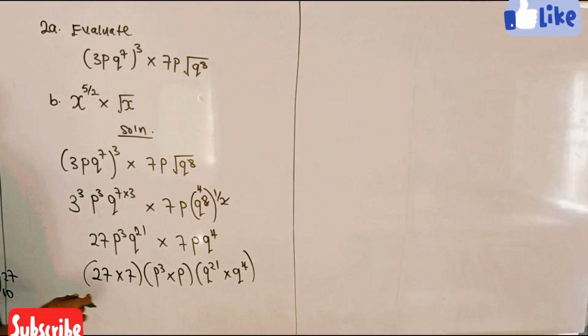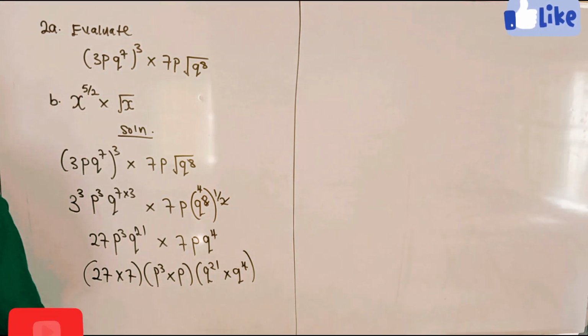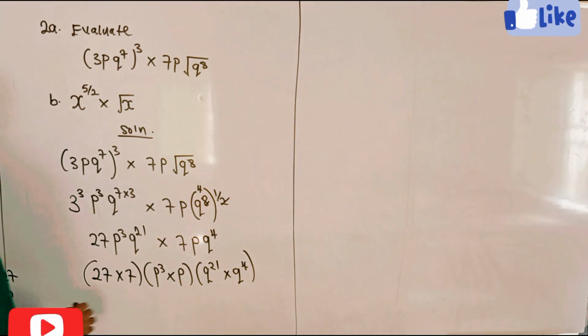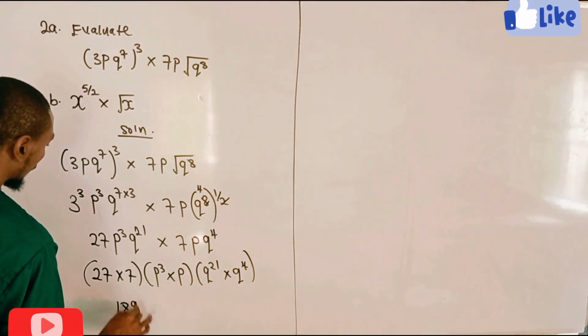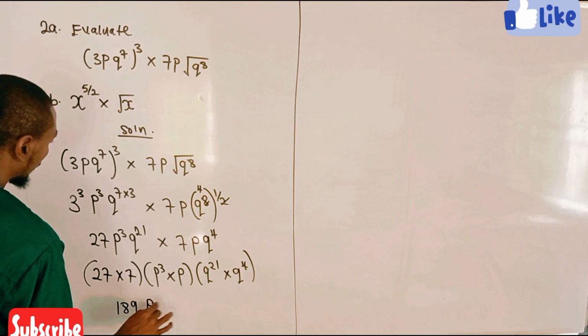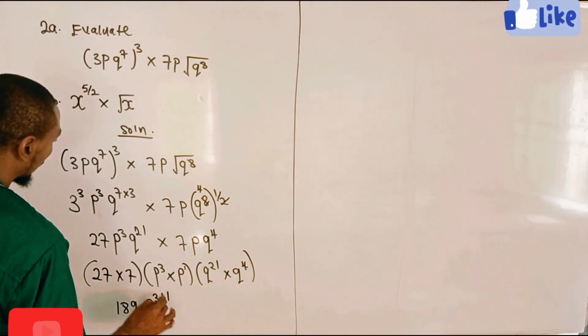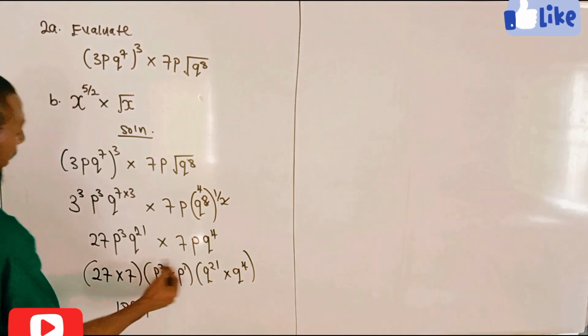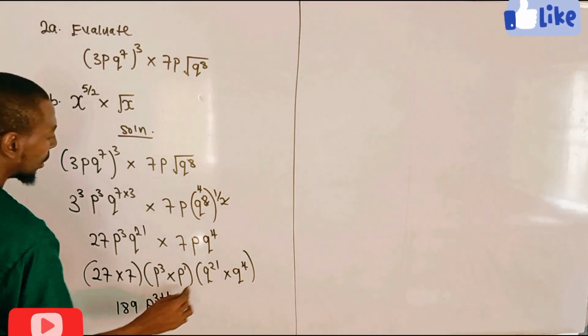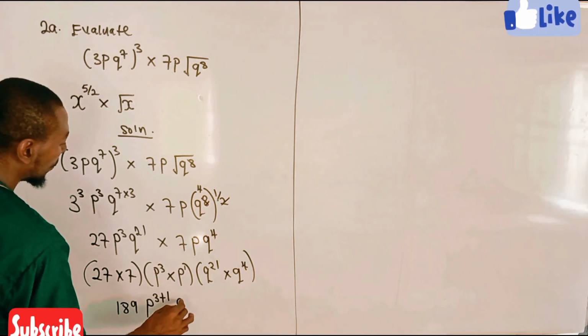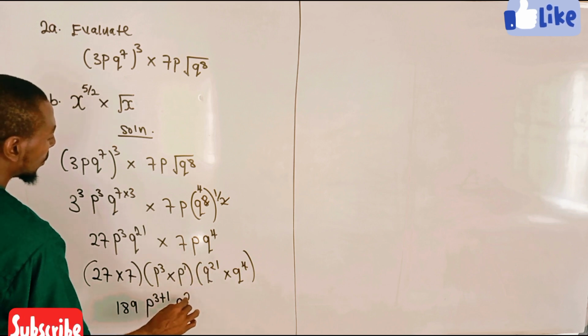So that we have 27 multiplied by 7 will give us 189, and then p raised to the power, this is like the power of 1, so we have 3 plus 1. Of course, you take one of the base and then add the powers together. So we now have q raised to the power 21.